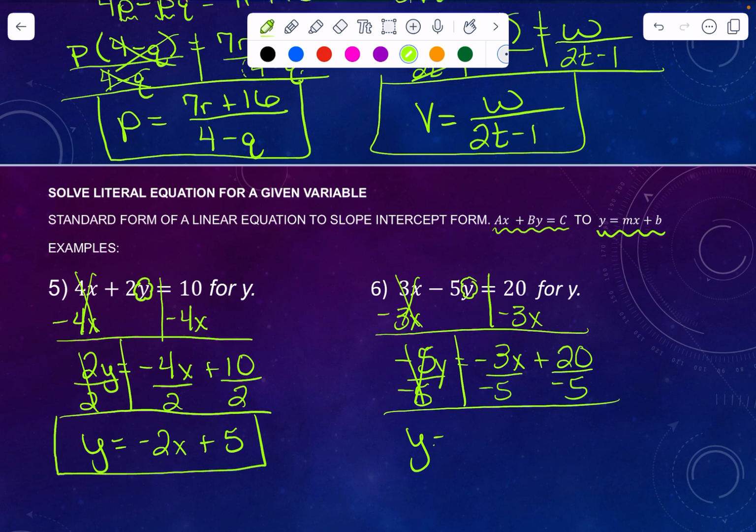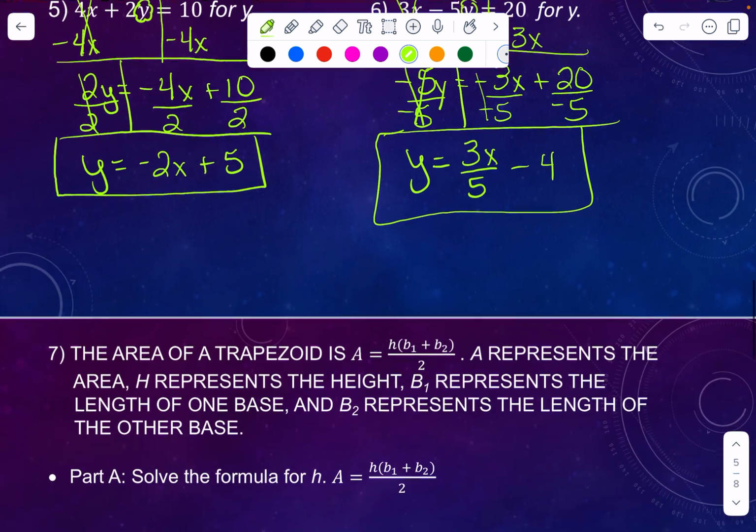So that's going to leave me with, now negative divided by a negative is a positive, 3 over 5 doesn't simplify, so I'm just going to leave it 3x over 5. Positive 20 divided by a negative 5, though, is a negative 4. Okay, so we will be looking at those pretty intently as well, solving for y in an equation.